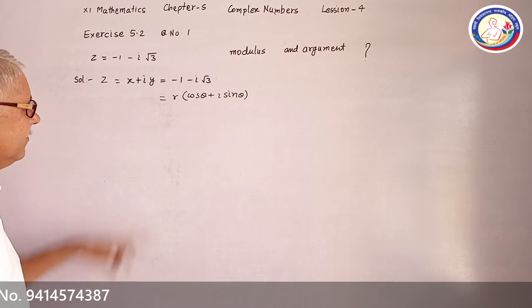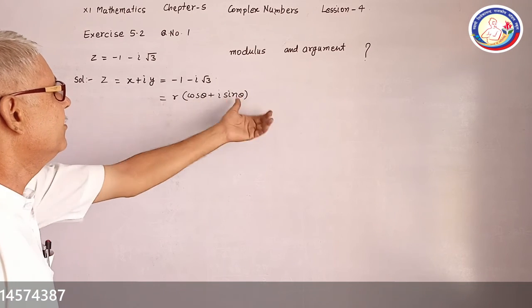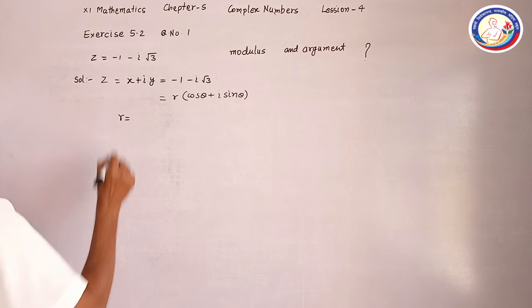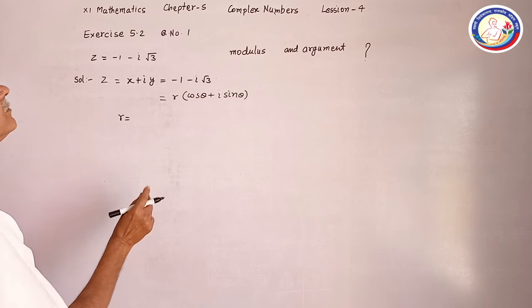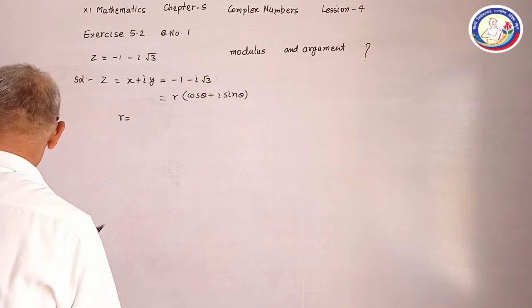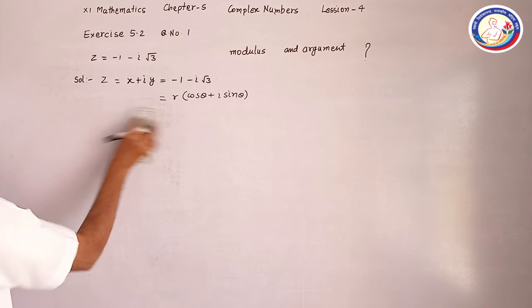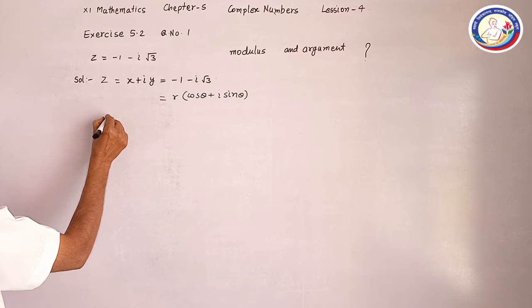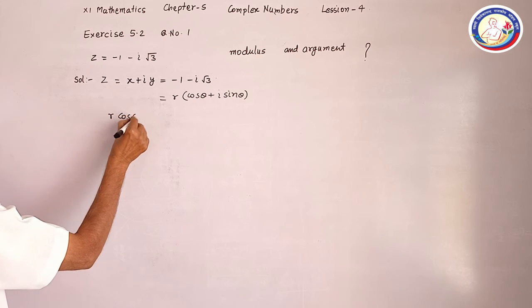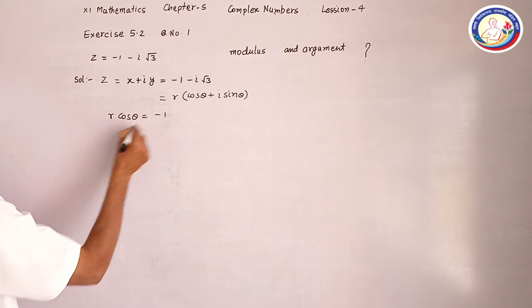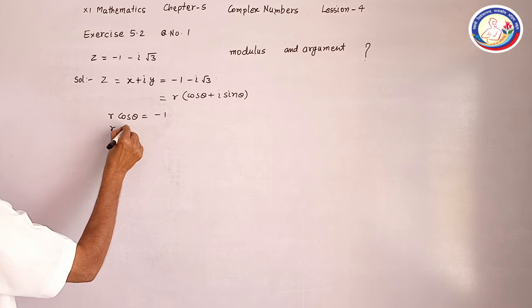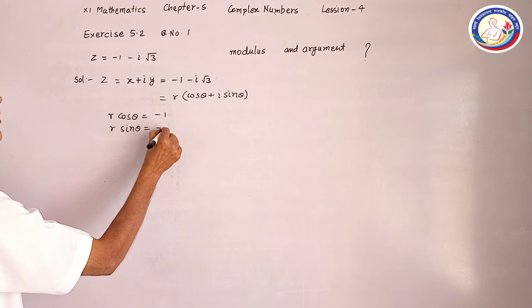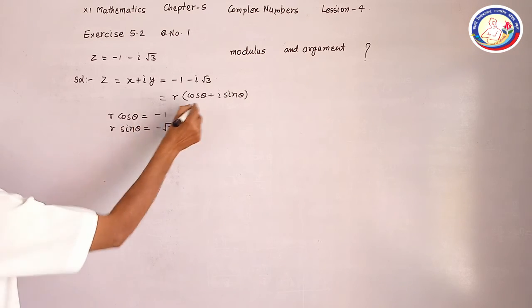Then first find r and then find theta and put it here. On comparison, r cos theta is equal to -1 and r sin theta is equal to minus square root of 3. Squaring and adding.